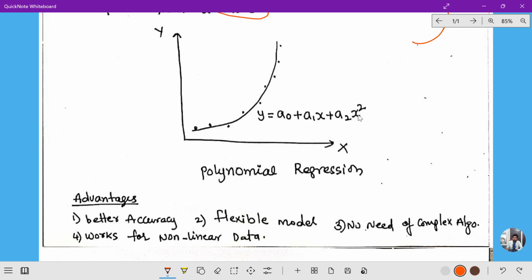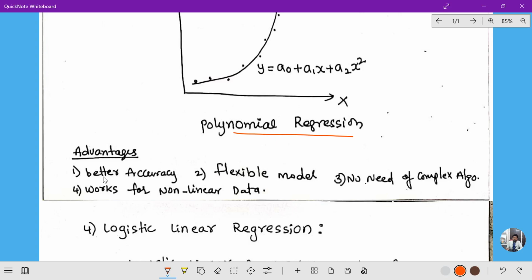So this is called polynomial regression. The advantages are better accuracy, a flexible model, no need of a complex algorithm, and it works for nonlinear data.